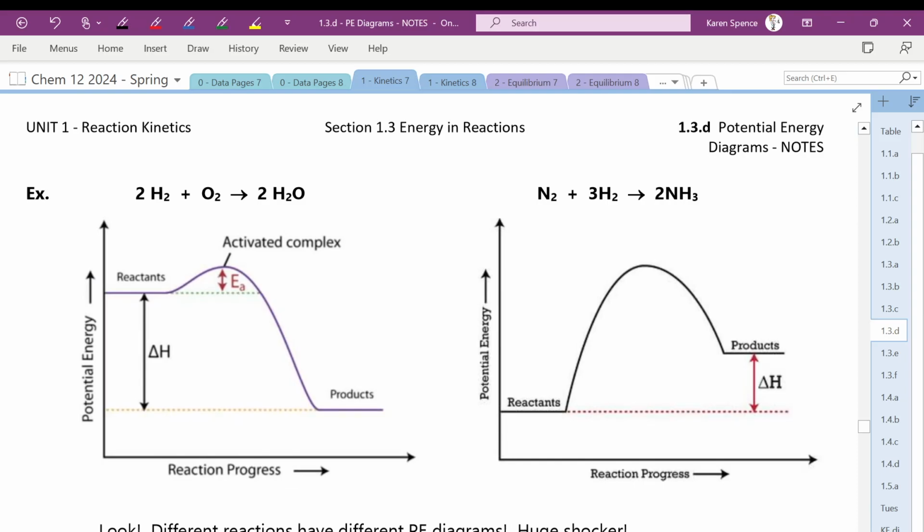Why are they different? Because the reactants are different, right? Why do they have different reactant profiles? Because the reactants are different. Look, different reactants have different energy diagrams. Whoa, that is the nature of the reactants. Yes? Not much to see here, folks. Yes?